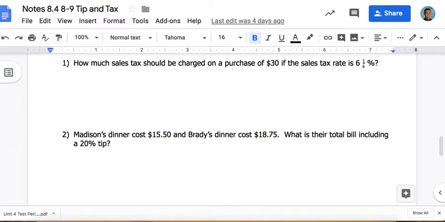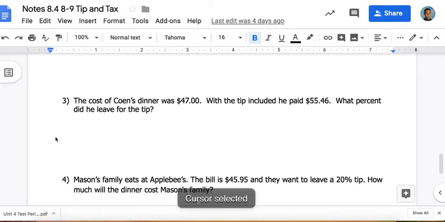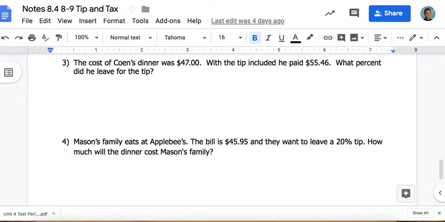Let's look at a few more examples. Number 3, the cost of Cohen's dinner was $47. With the tip, so this is important, he paid $55.46. What percent did he leave for the tip? Okay, so the percent of the tip is the tip divided by the cost of the dinner.